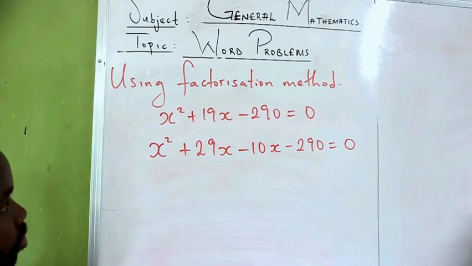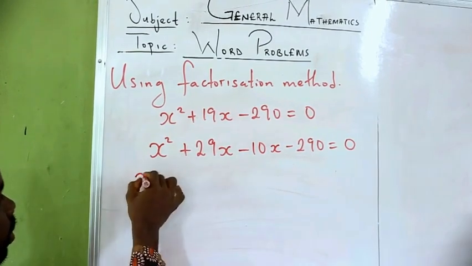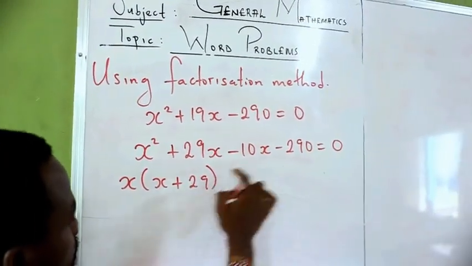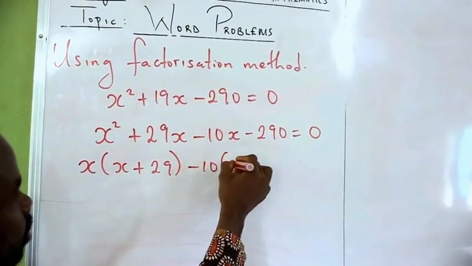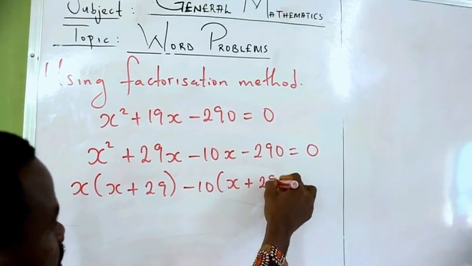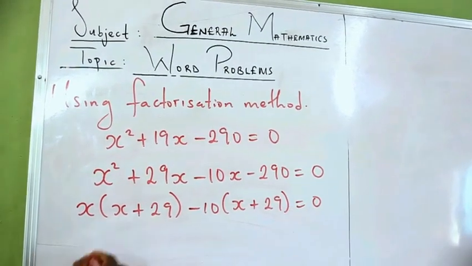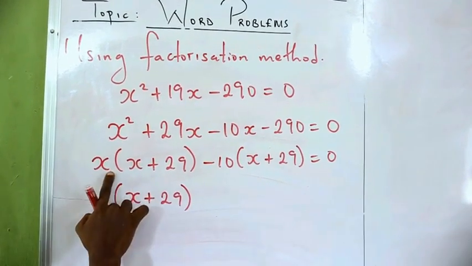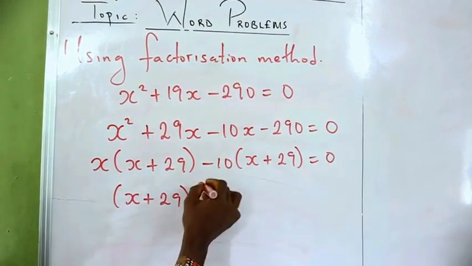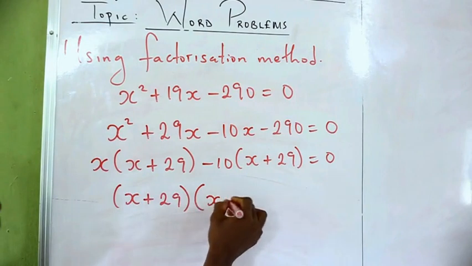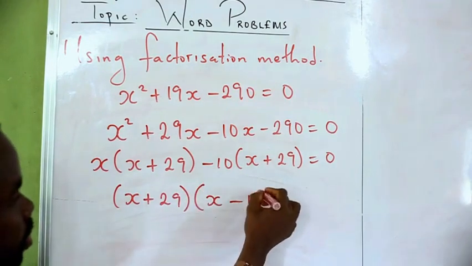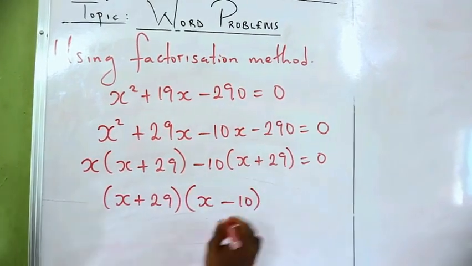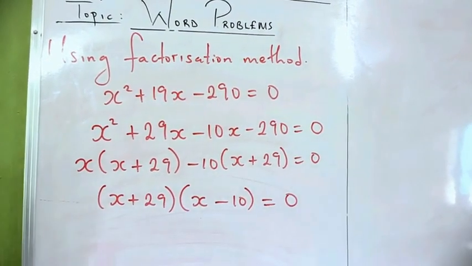Carrying out factorization by grouping, we have x plus 29, then minus 10, x plus 29 equals 0. x plus 29 is common to both groups. Here we are left with x, here we are left with minus 10. If you factorize x plus 29 from both groups, then equals 0.